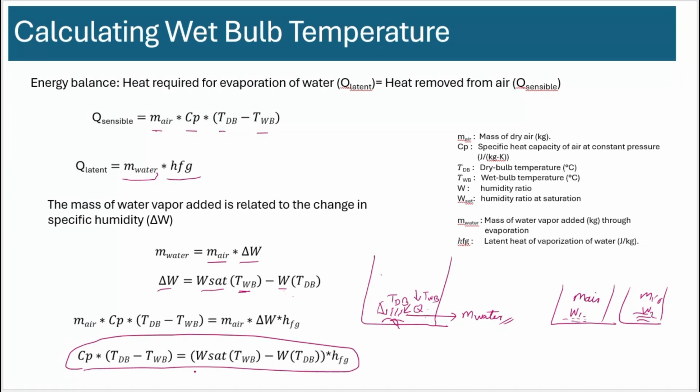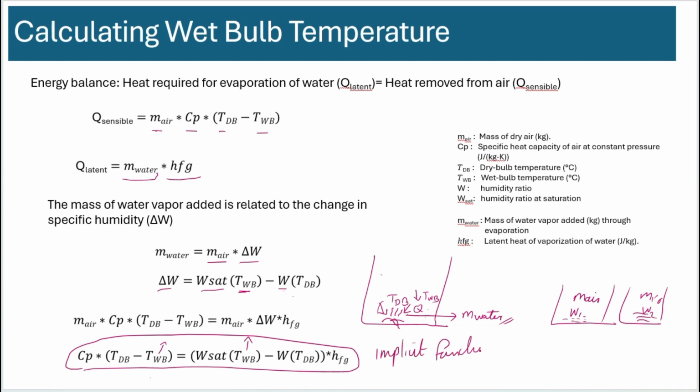However, you can notice that the wet bulb value is not an explicit function here. It's present on the left side and inside the saturation humidity ratio function also. So it's an implicit function.